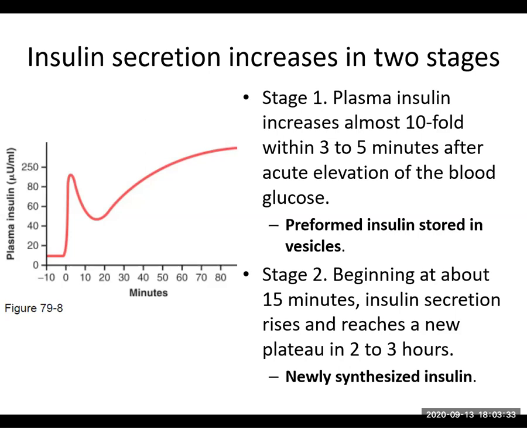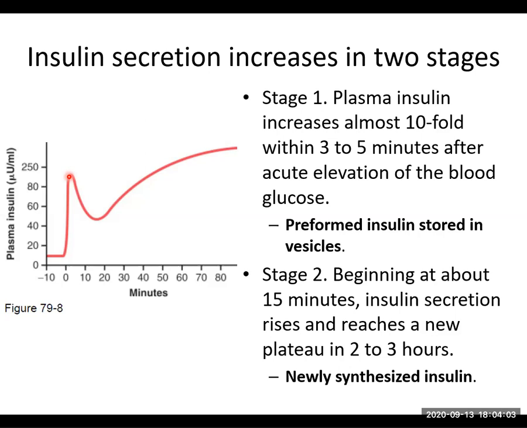When we measure the insulin in the blood, we can see that the insulin increase happens in two phases, not just one. About 5 minutes after a meal, our insulin increases very quickly, and that will help us to store this glucose into the cell.